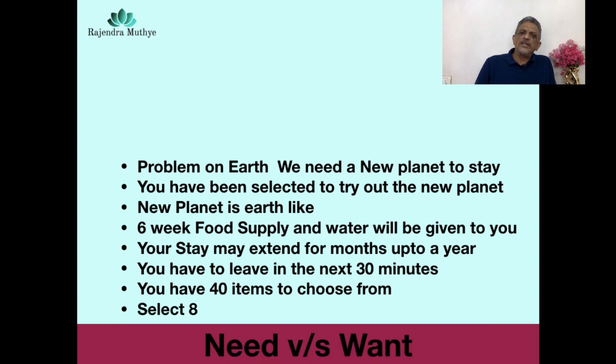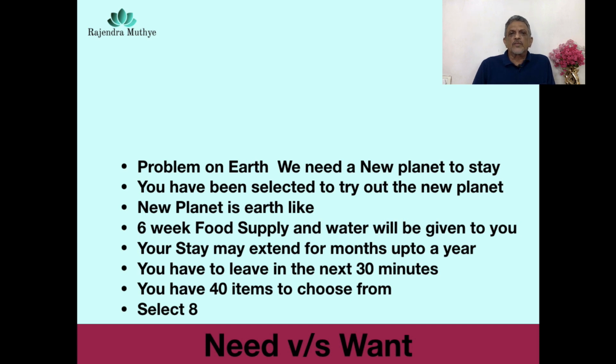So you have been selected to try out that new planet. The planet is very similar to Earth, and 6 weeks of food supply and water will be given to you. But your stay might be extended beyond those 6 weeks. It could be up to a year that you are going to stay.